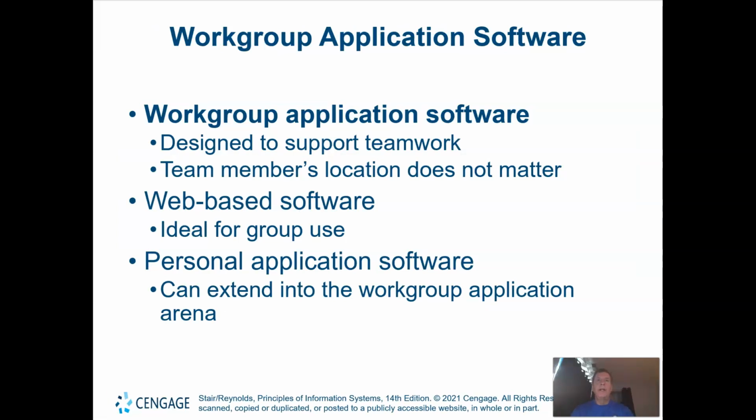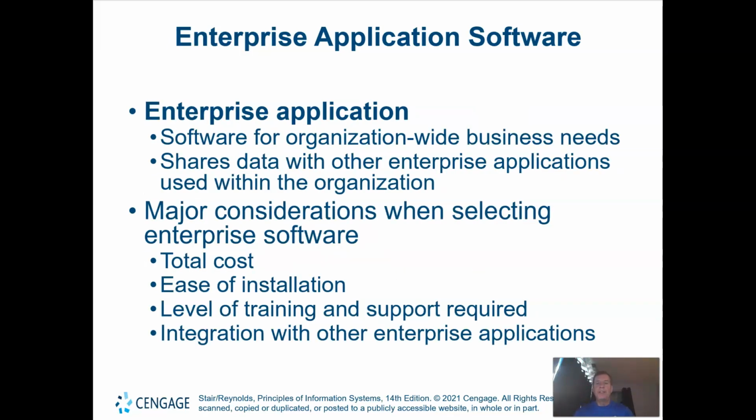Okay, wrapping it up, a work group application is software designed to support teamwork. Microsoft Teams would fall into that category as well. Enterprise applications are for organization-wide business needs. I mentioned that in my summary.